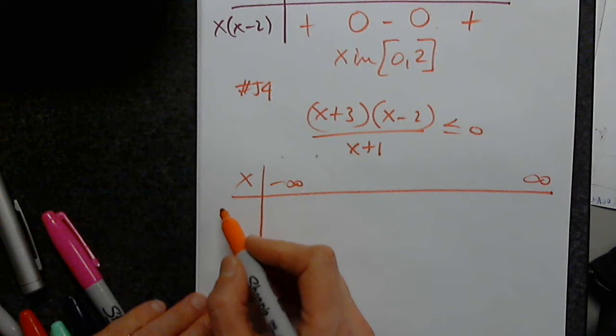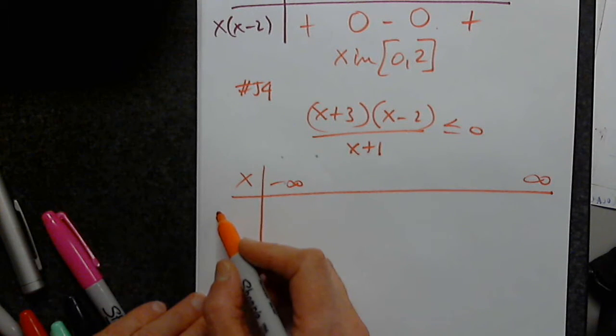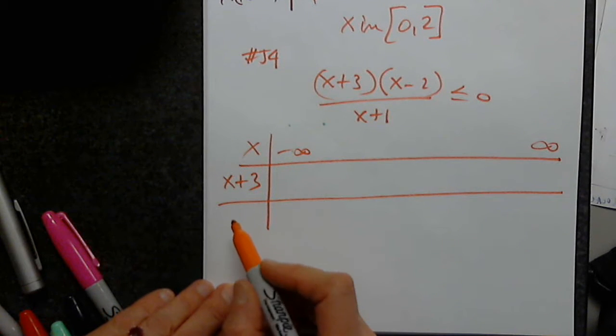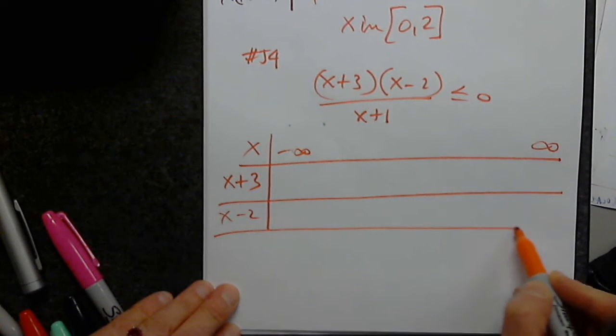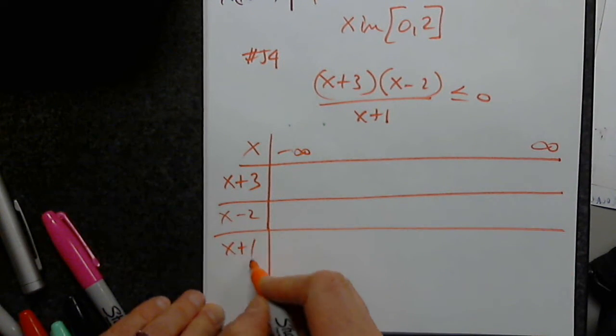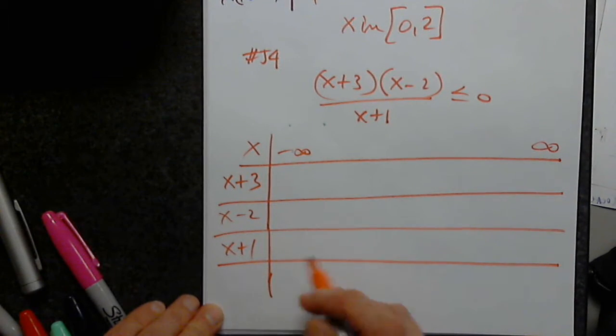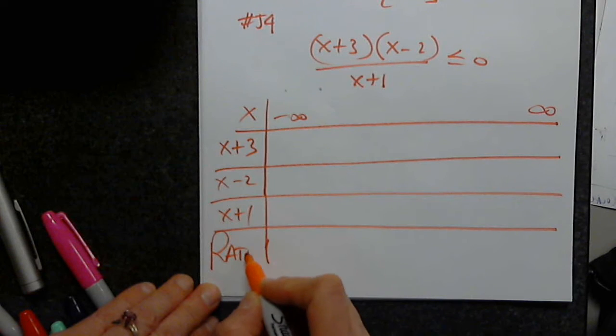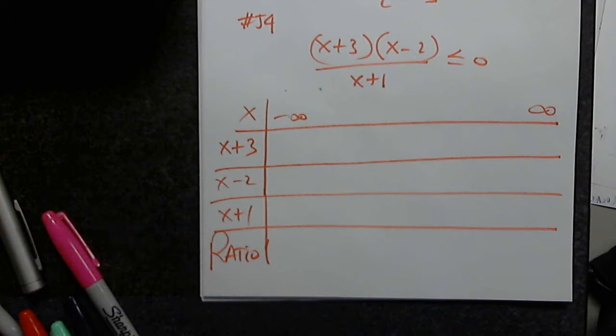The next row in the chart. Very good, awesome. Next row in the chart. Very good. And the last row in the chart. Because I don't have enough room, I'm going to just write ratio. I can do that if I want to.